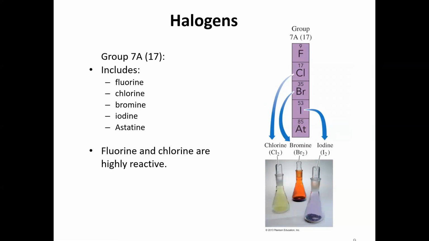This makes sense because things in group 7 have a total of 7 electrons in their outermost shell, and they want to get to a complete 8. So there's going to be a real strong pull to fill in that gap.